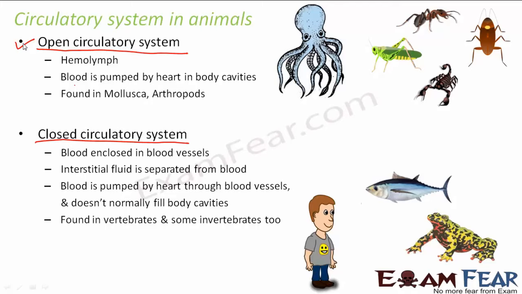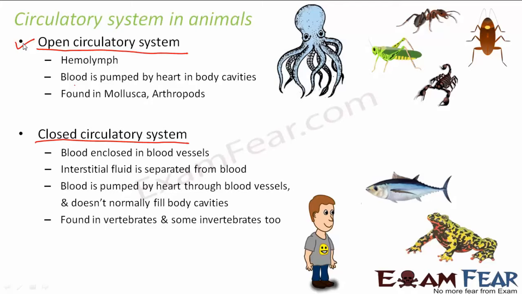So all the body cavities are filled with the fluid called hemolymph. It is generally found in lower organisms like mollusks and arthropods. I'm sure you are aware of these terms; we have spoken about them in the lesson on diversity in living organisms in class 9th. So these are the classes where we see open circulatory system.